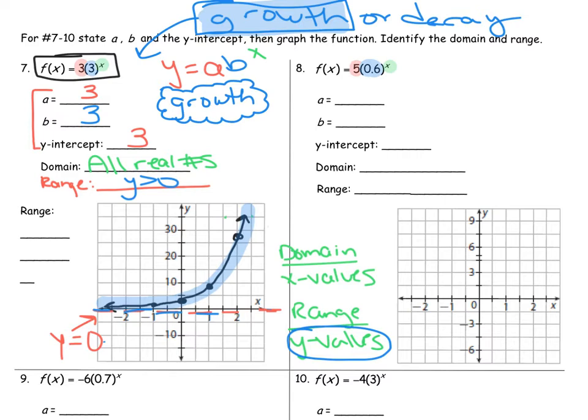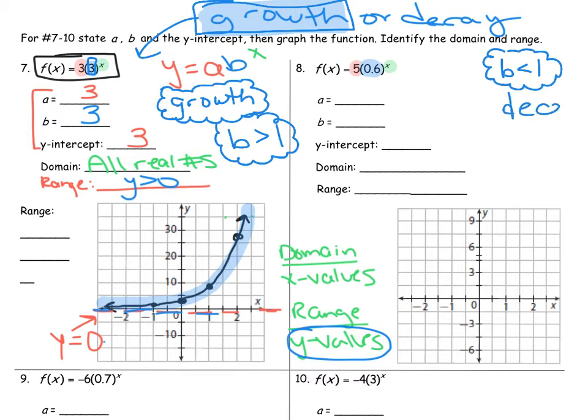Now, the reason why this is a growth is because our b value has a rate that is greater than 1. So our b value is greater than 1, which means it's a growth. All right, keep that in mind. If our b value is less than 1, what do you think that's going to mean? It's a decay. Very good.